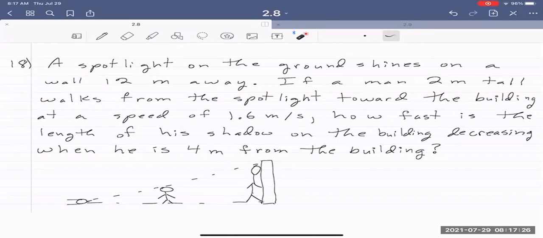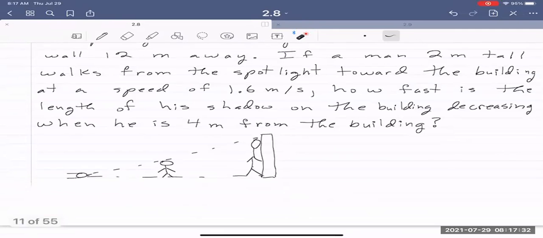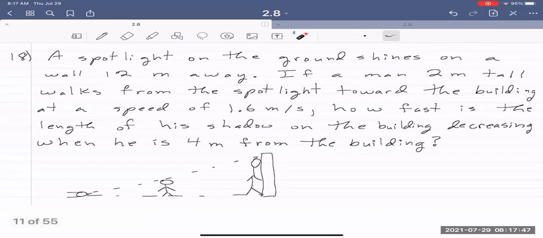Okay, so I left this from before because I didn't want to draw anything. I left all the drawings because I didn't want to redraw things. So you have here some man, and there is some spotlight, and it's shining.